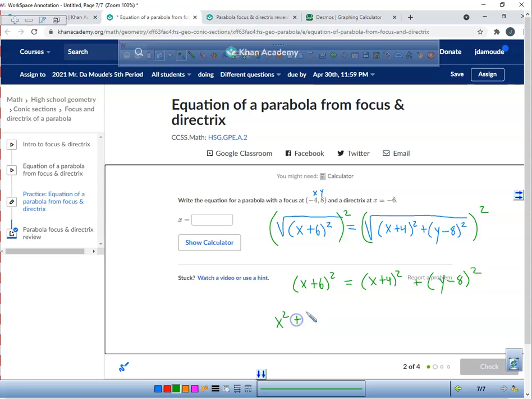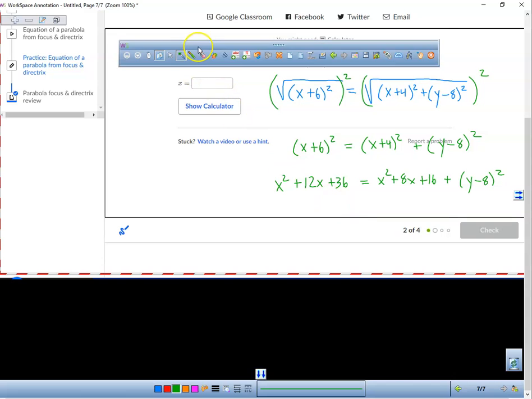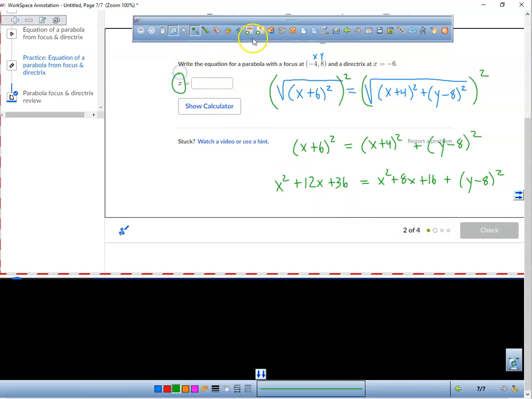It's just x squared plus 12x plus 36. We're going to expand this: x squared plus 8x plus 16. But we're going to leave this (y minus 8) squared by itself, because right now we're not solving for y, we're actually solving for x.